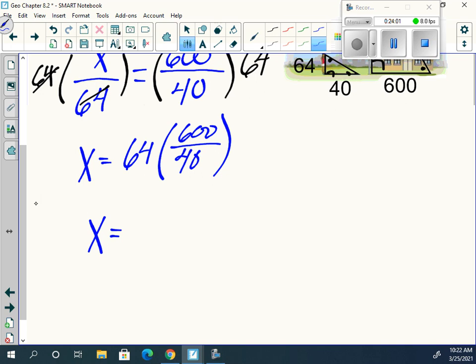And if we simplify this here, we would get 960. Okay.